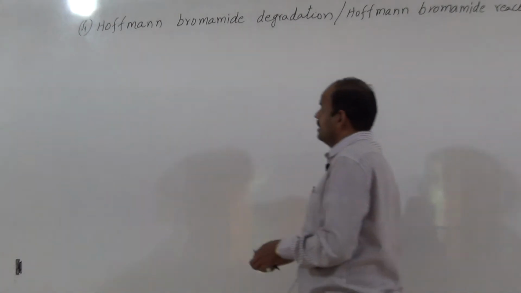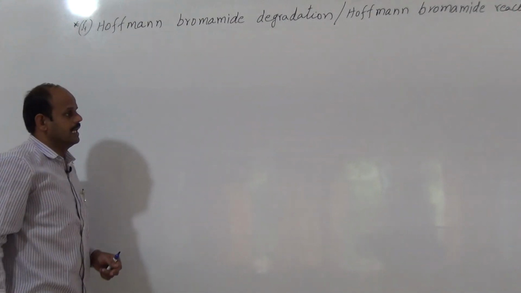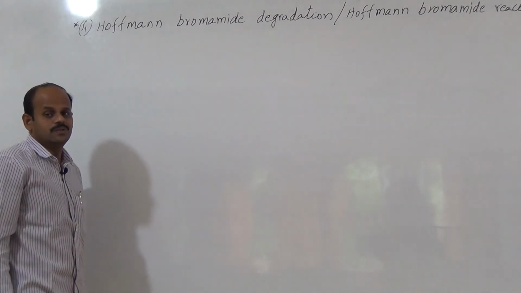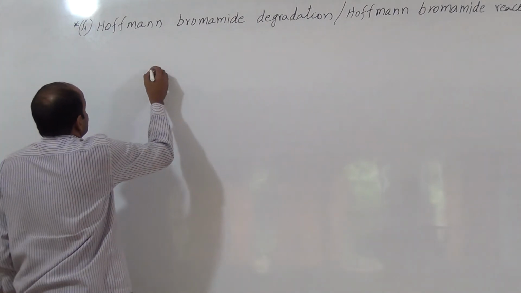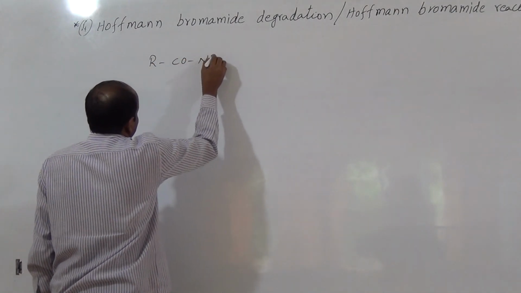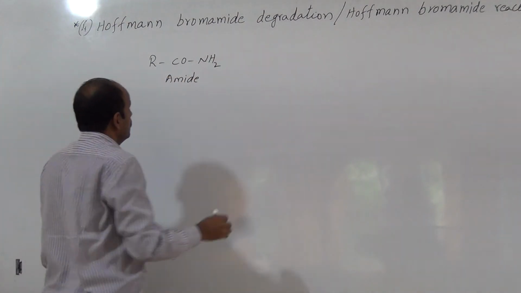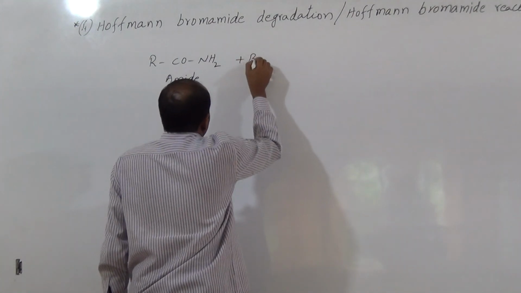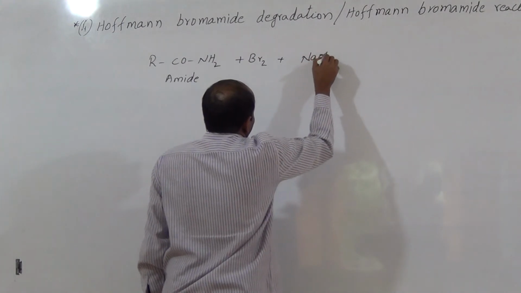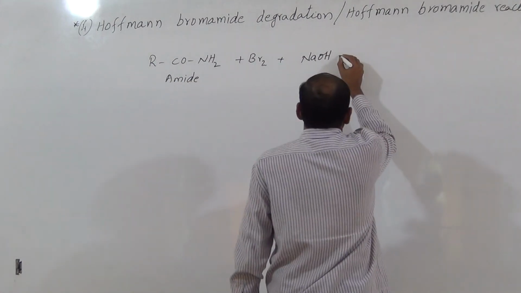This method is used for conversion of amides into amines with bromine in the presence of alkali solution. You can take amides, RCONH2, which react with bromine in the presence of sodium hydroxide or potassium hydroxide. You can take any one.